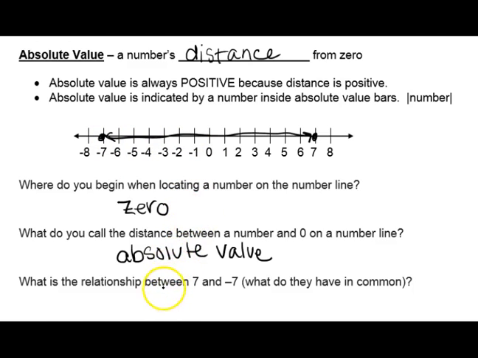So the relationship between 7 and negative 7 is that the absolute value of 7 is 7, and the absolute value of negative 7 is also 7, because they are both 7 units away from 0 on the number line.